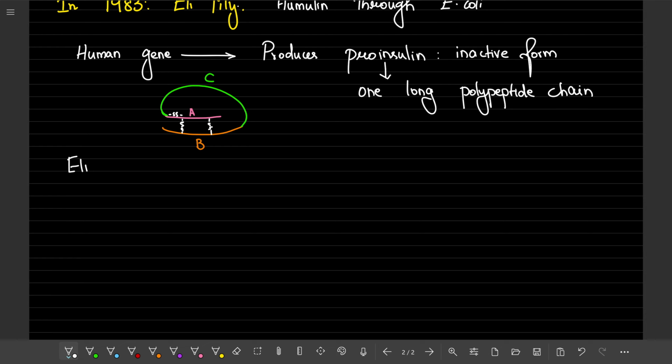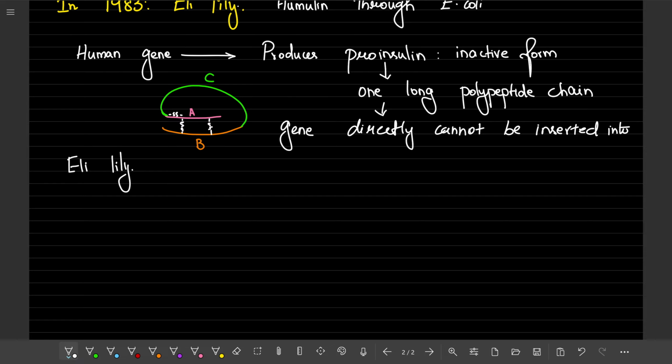Okay. So now Eli Lilly, what they did was, this is a limitation, one long polypeptide chain, which means what? The gene for proinsulin cannot be directly inserted.